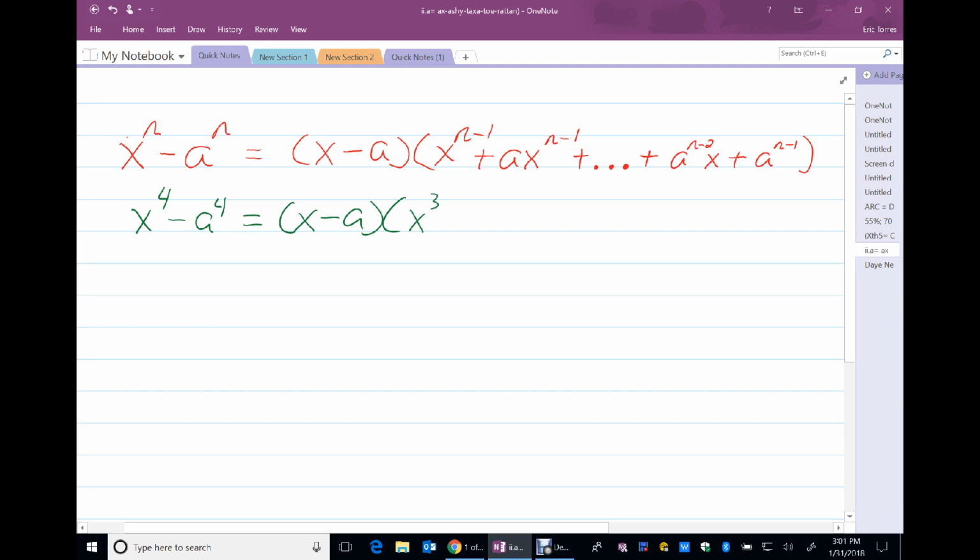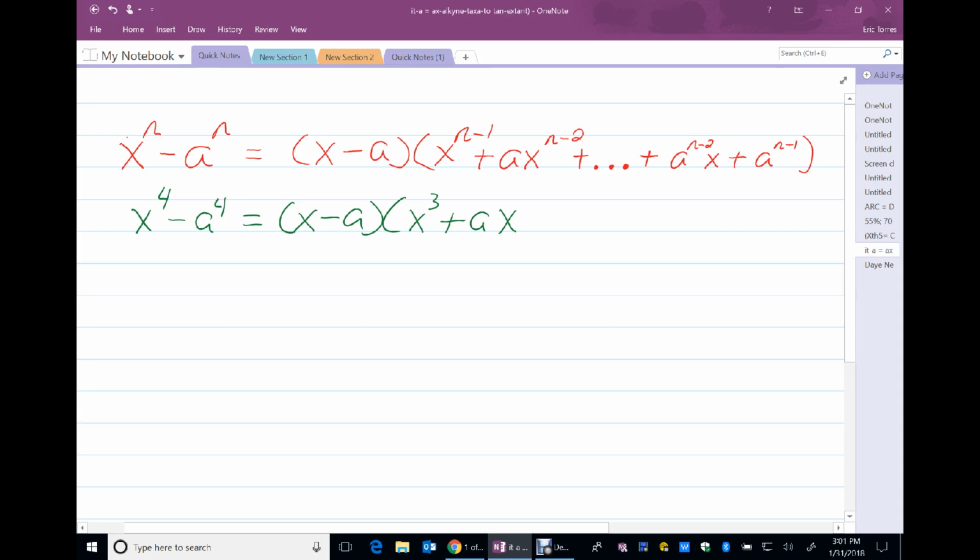x cubed plus ax squared, because my n minus 1, if n is 4, 4 minus 1, I'm sorry, this should be a 2 here. Little mistake. Sorry about that. A 2.